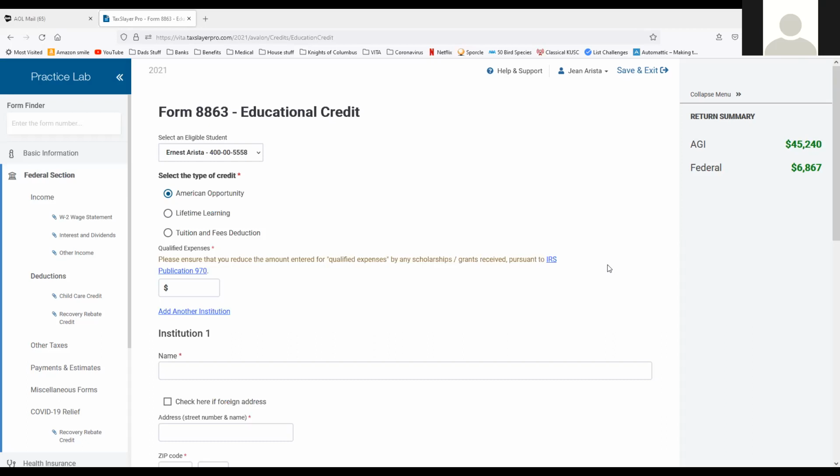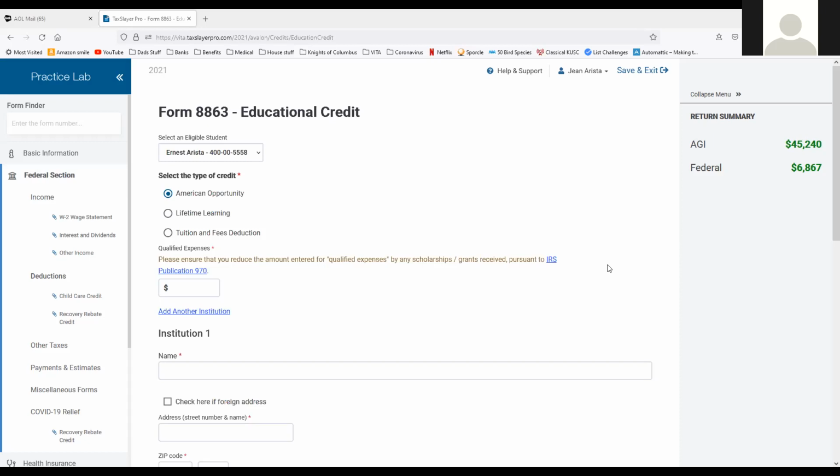Natalie, I had a question regarding the qualified expenses for the purposes of the American Opportunity Credit. Generally, how would you calculate the qualified expenses? I would look at the Form 1098T and see what the tuition expenses were, which is reported in box 1.